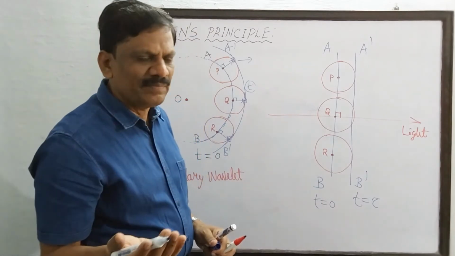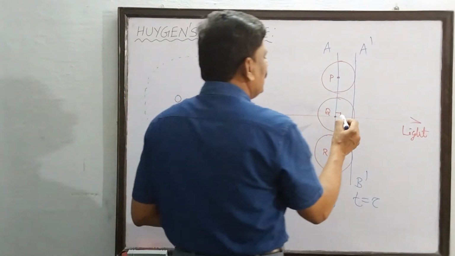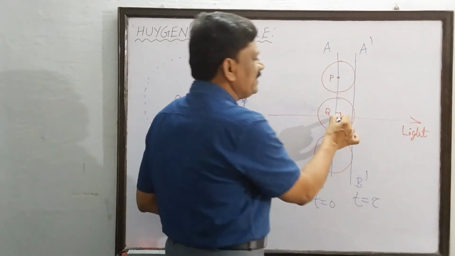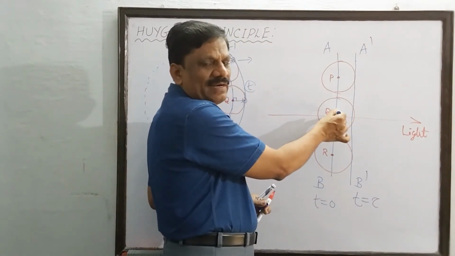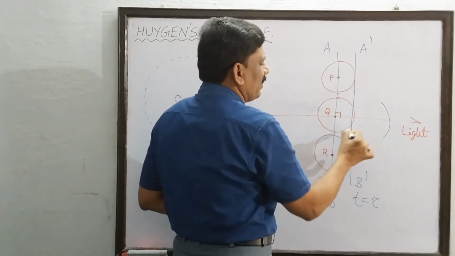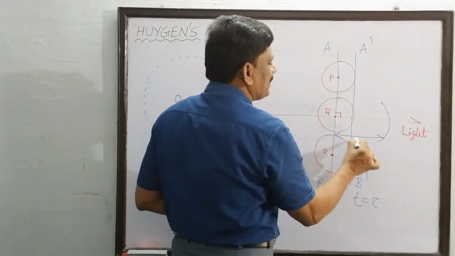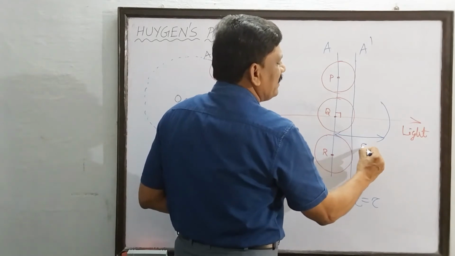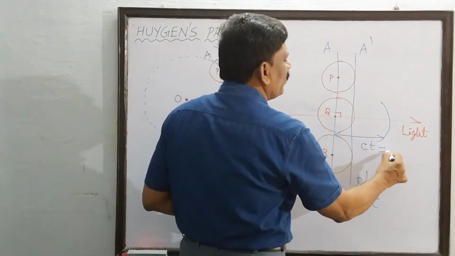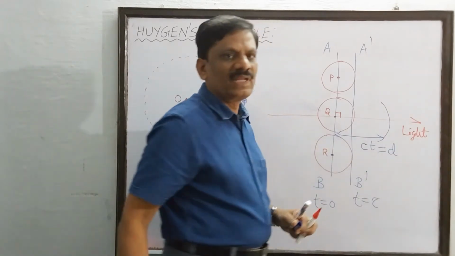For that it is very simple. With any point on the given wavefront at time t equal to 0 as a center, if you cut an arc whose radius is equal to the velocity of light into the time t, then that will give you the distance. Is it not?